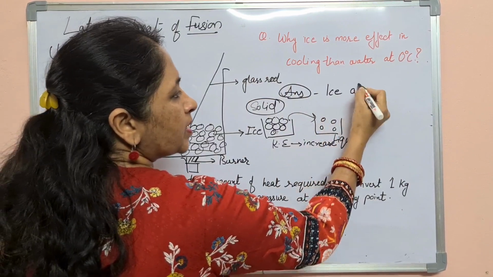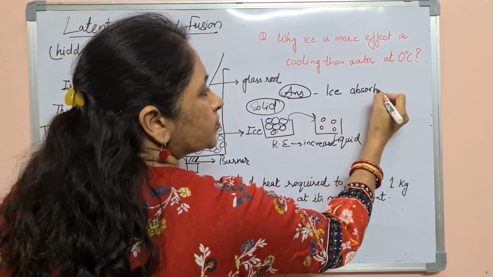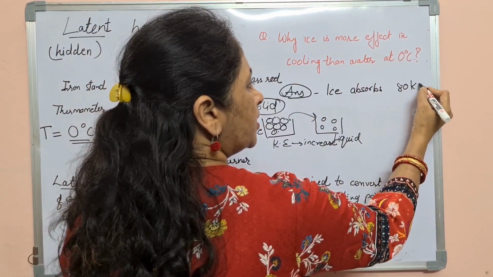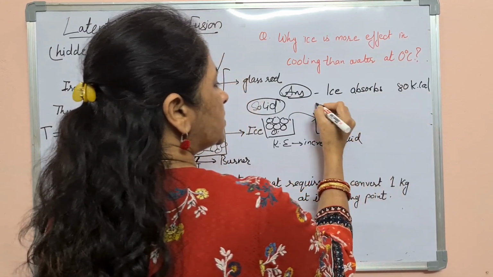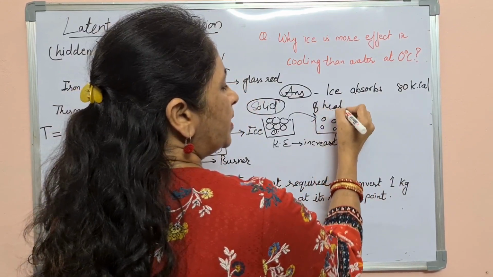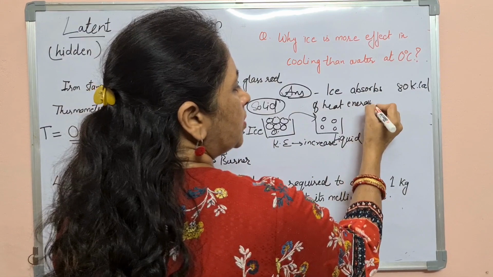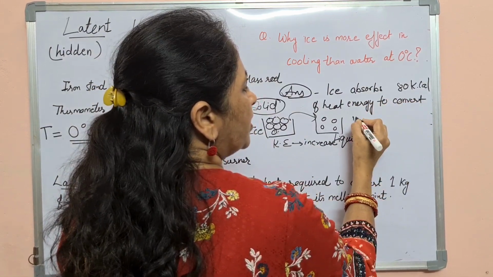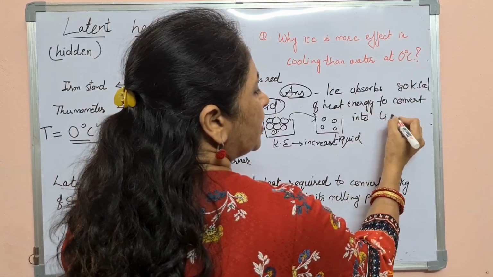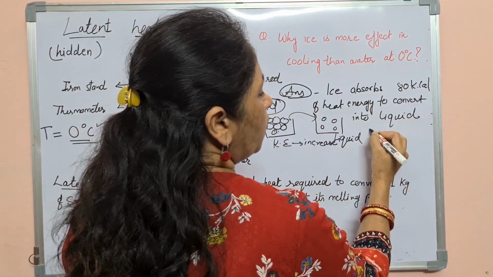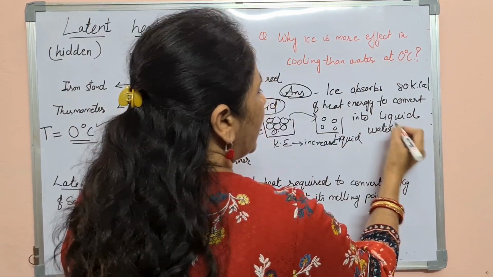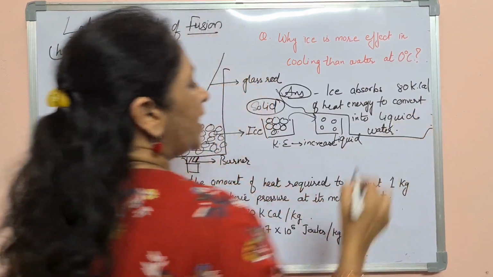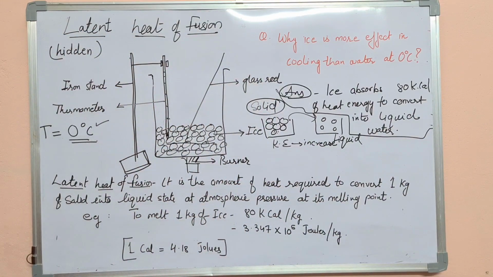Because ice absorbs 80 kilocalories of heat energy to convert into liquid water. That is why ice is having more cooling effect than water at the same temperature.